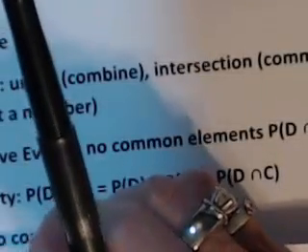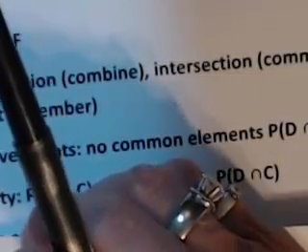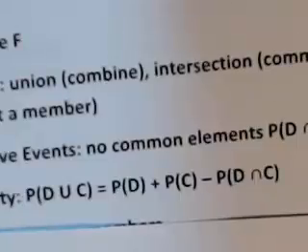So when we are trying to combine the probability of two events occurring, if the two sets have common elements, you have to take that away. You cannot count it twice.